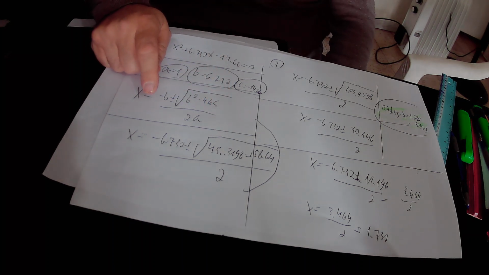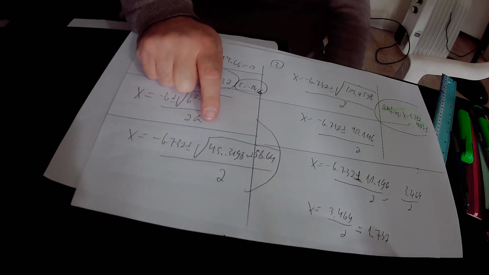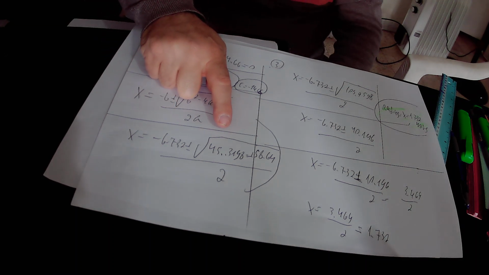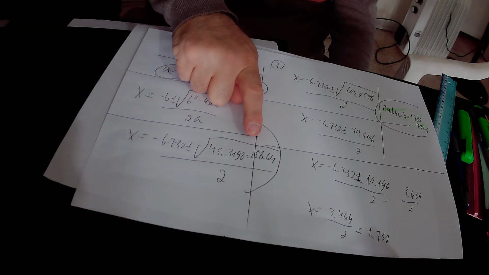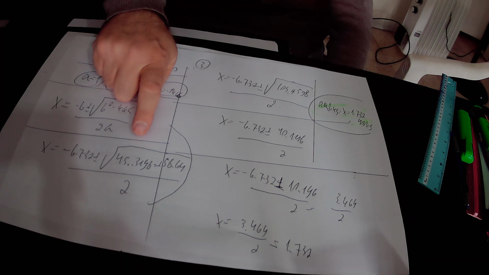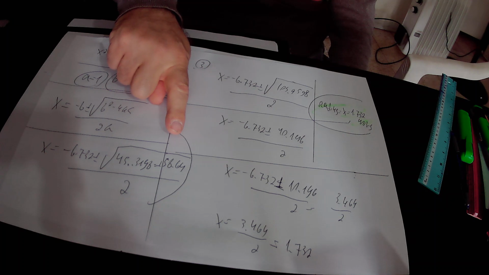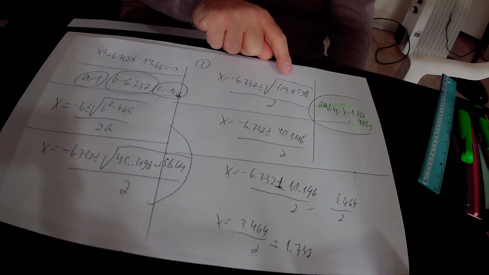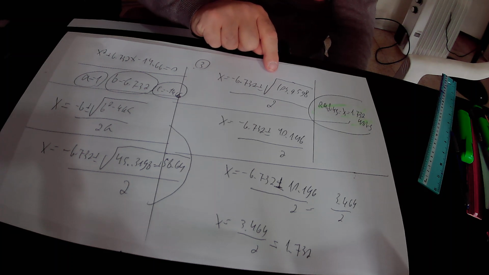So in conclusion, x equals minus 6.732 plus or minus the square root of 45.3198 plus 58.64, divided by 2. 45.3198 plus 58.64 equals 103.9598, so inside the root we are left only with 103.9598.